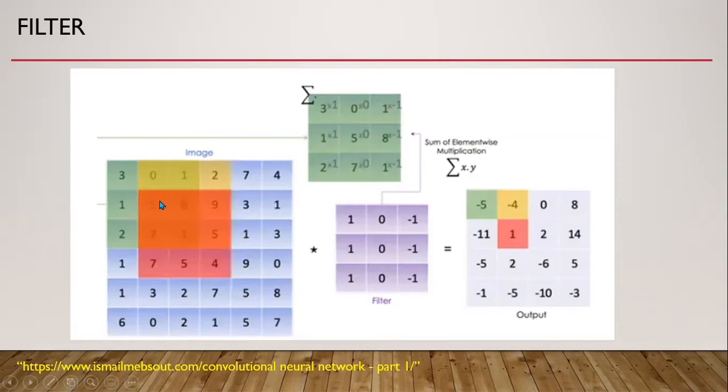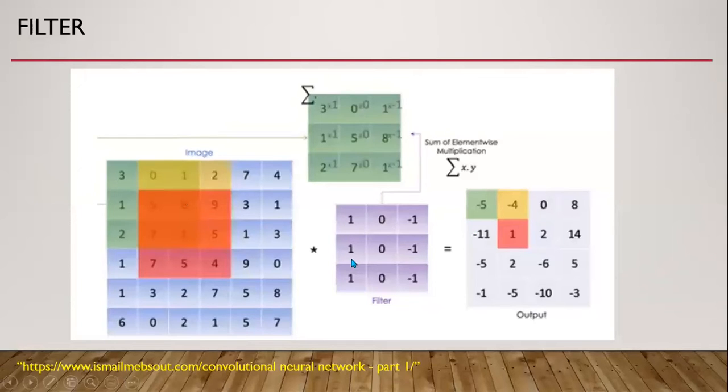So if this filter is shifted in this image one pixel at a time, then this image is converted into the output with a reduced number of dimensions and information related to adjacent pixels.